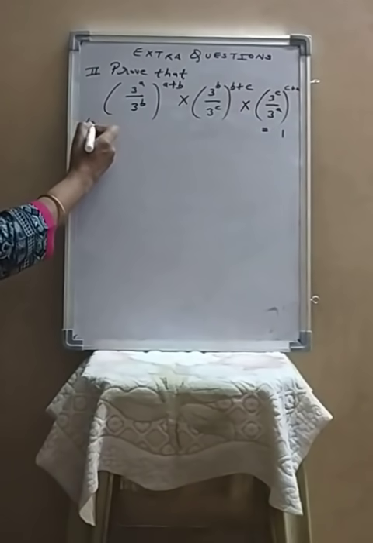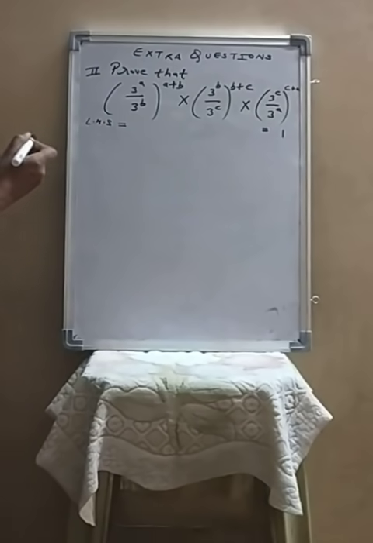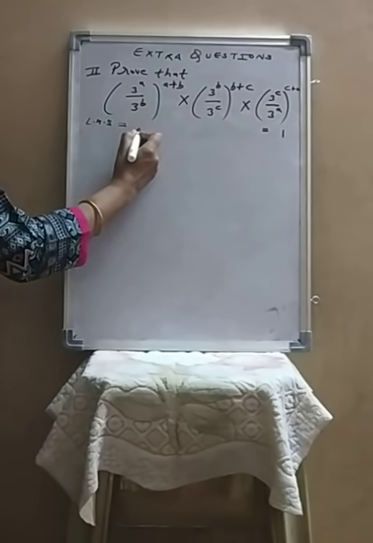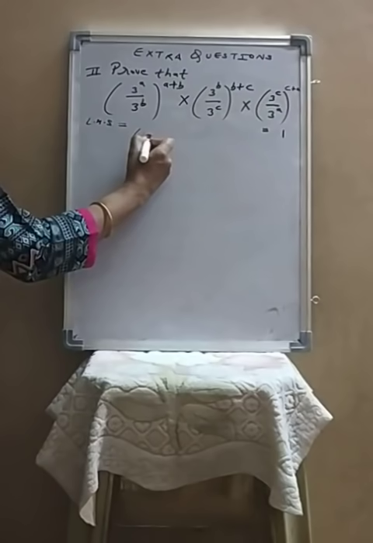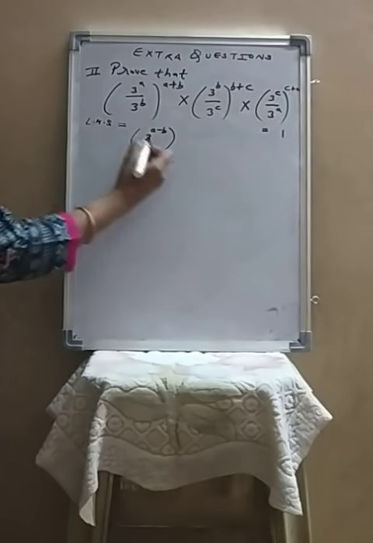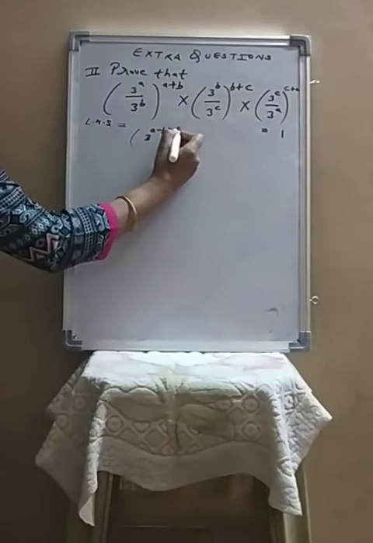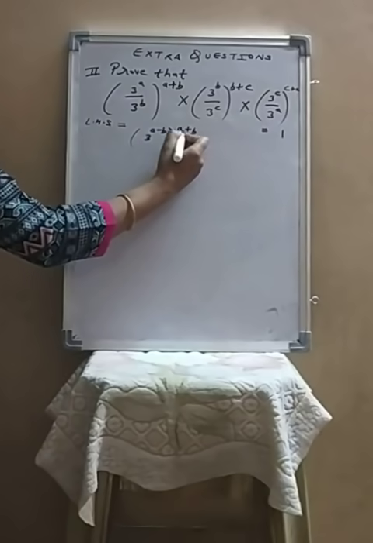Okay, let us take LHS only right now, and we will prove that it is equal to RHS. In the bracket, I can apply this law that 3 raised to power a minus b, as bases are same and we can subtract the powers. And the outside we have this power a plus b.